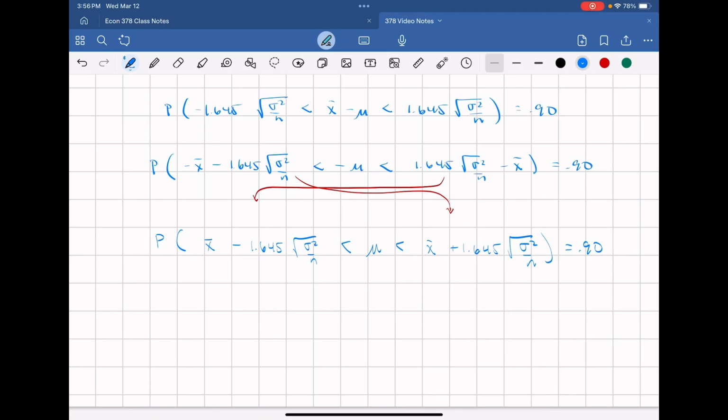This is a trick where we just multiply by negative 1, and so we flip the signs. The inequality goes this way, which is why we can take this side and bring it over here, and this side and bring it over there.